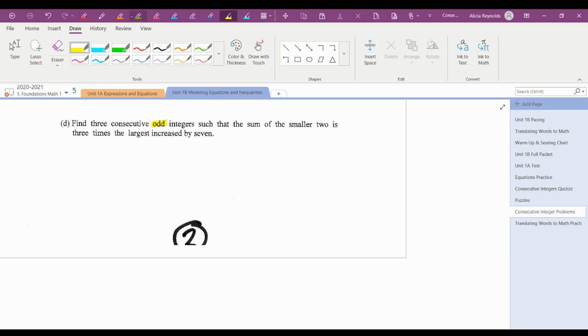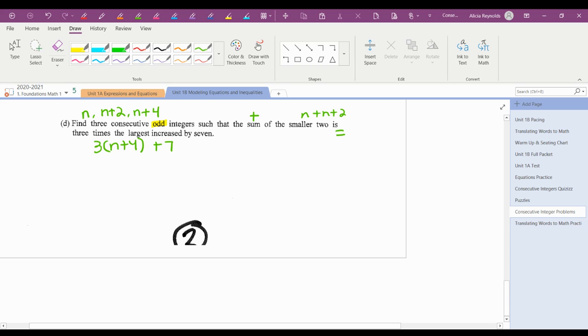So I'm going to have n, n plus 2, because I need to skip to the next odd integer, and then n plus 4 to skip to the next odd one after that, such that the sum, so I'm going to be adding, of the smaller two, so n plus n plus 2, equals 3 times the largest, so 3 times n plus 4, increased by 7. So then I add 7.